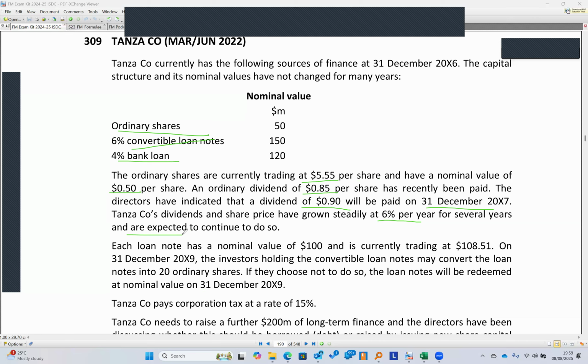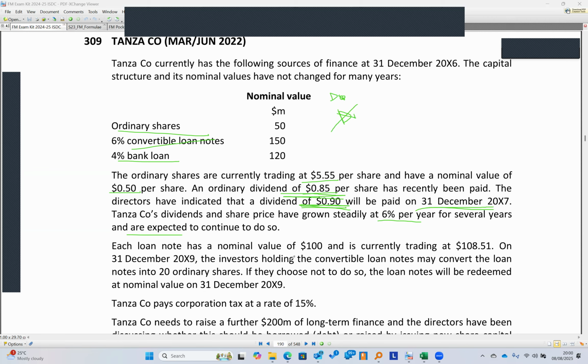So here they have given you two values for dividend: the one which has just been paid and the one which will be paid next year. You need to figure out which one to use. In most cases, it's the one that has just been paid, which is D0, although there is a situation where you can use D1, but we shall see.